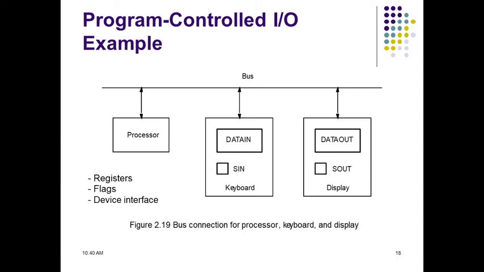When the character is transferred to the processor, SIN is automatically cleared to 0. If a second character is entered at the keyboard, SIN is again set to 1, and that character will be taken by the processor. When it is transferred, SIN is set to 0. So this process repeats.